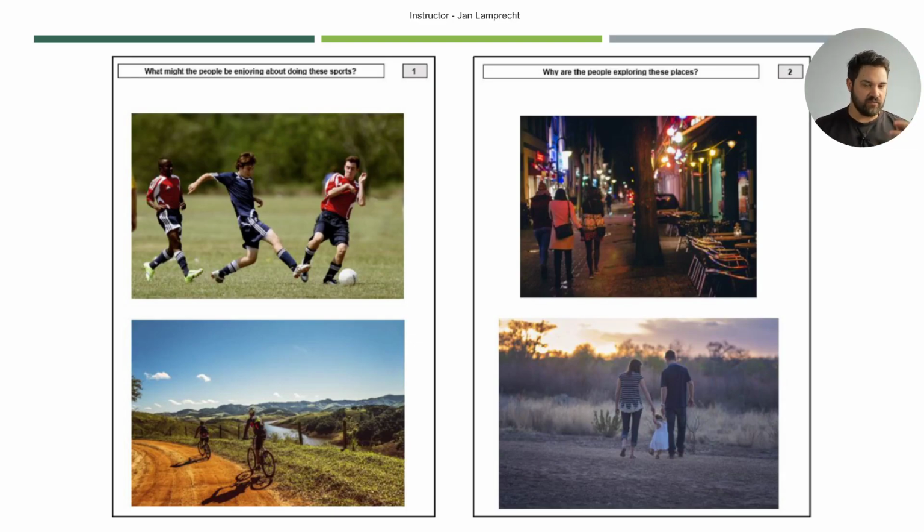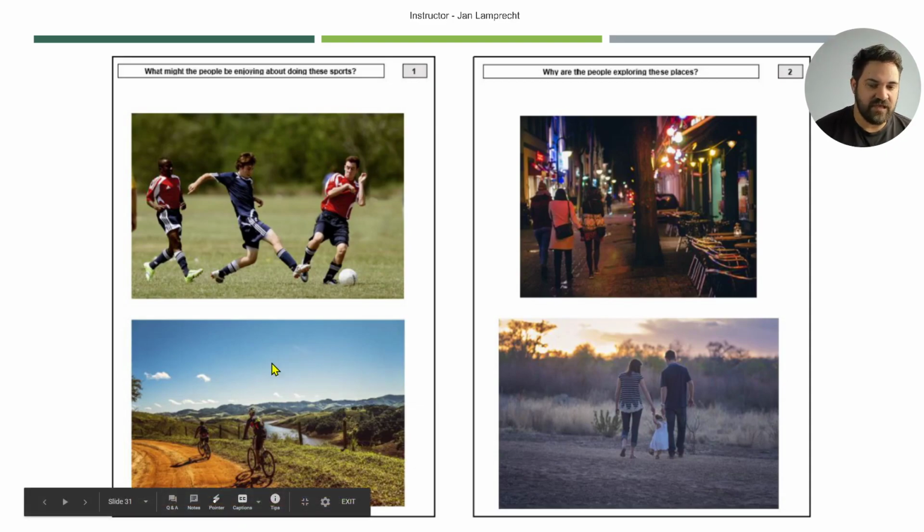So now, I mean, your imagination is the limit as long as you remember to speculate, seem to be. Okay, so now this seems to be a highly competitive sport. Okay, so now this seems to be a more adventurous sport.